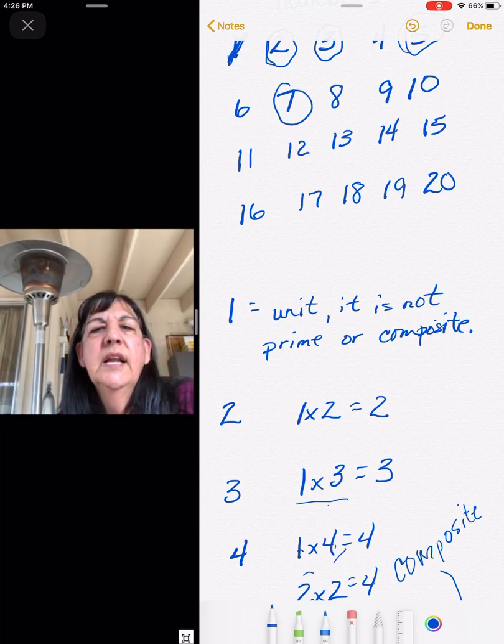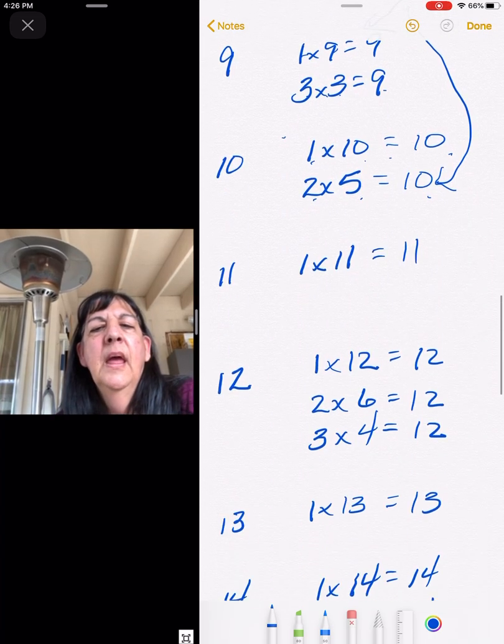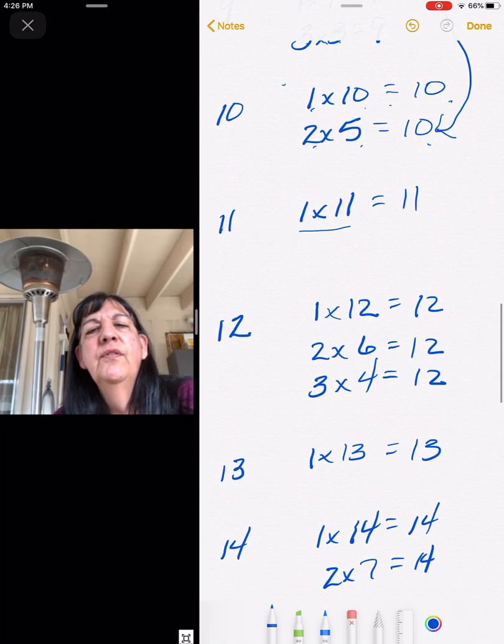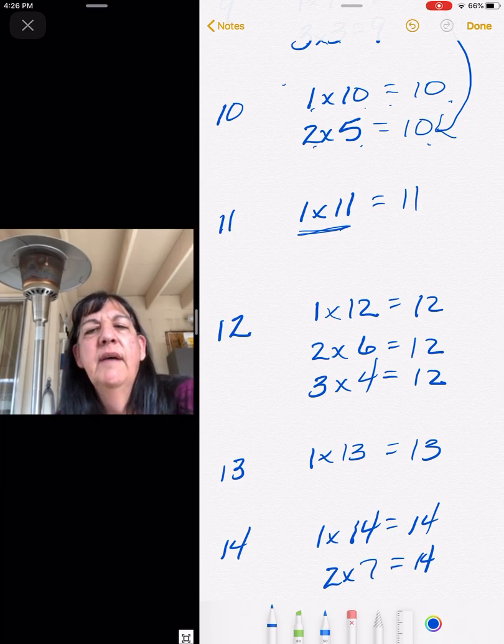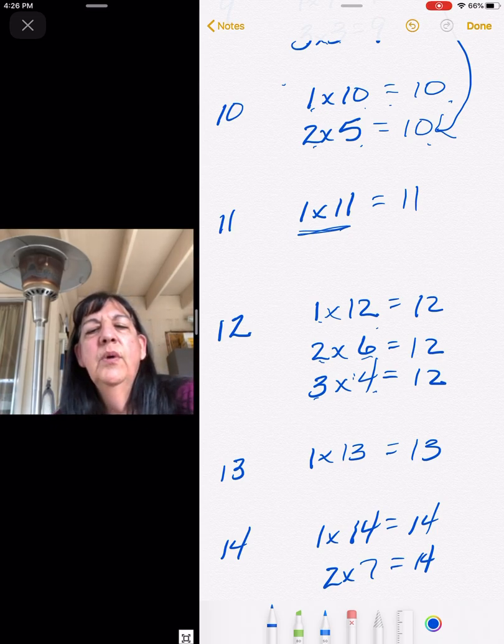Now let's look at 11, 12, 13, 14, and 15. 11 only has 2 factors, 1 times 11. 12 has 1 times 12, 2 times 6, and 3 times 4. So there are 6 factors here. This is another composite. 13, 1 times 13 equals 13.